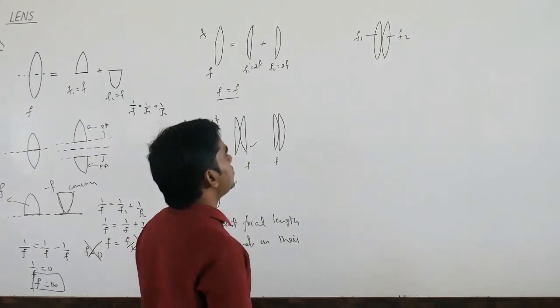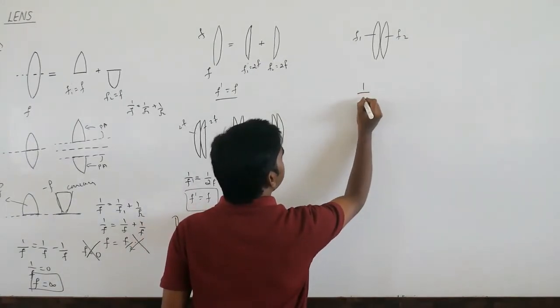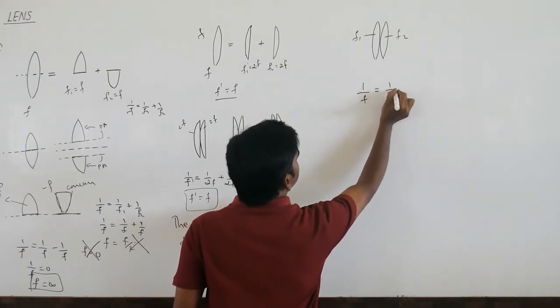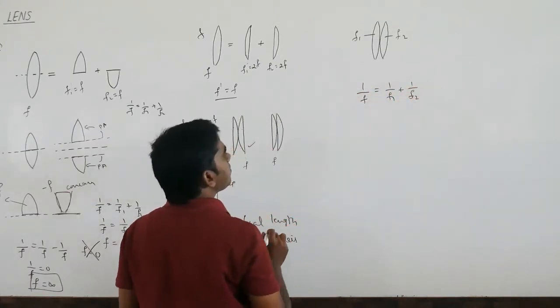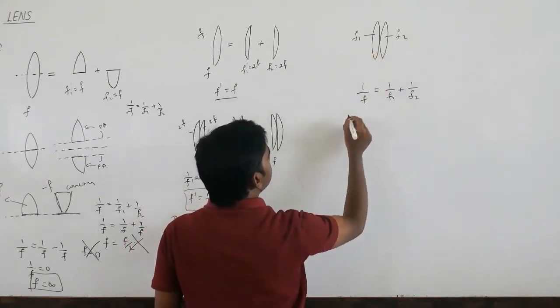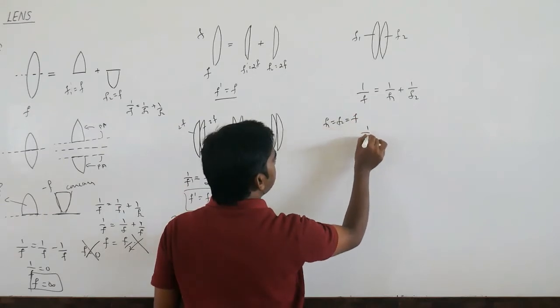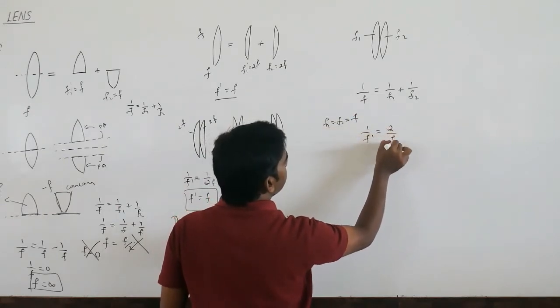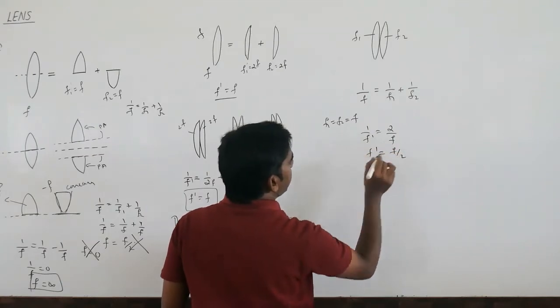For the equivalent focal length of these two, we derived 1 by f equals 1 by f1 plus 1 by f2. Suppose f1 equals f2 equals f. So your new focal length will become 2 by f, so f dash will be f by 2.